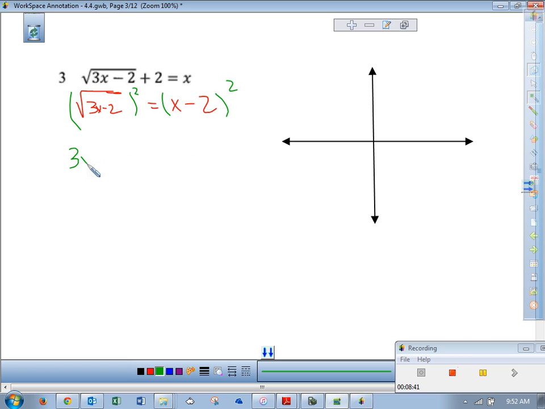And that would be 3x minus 2 equals, you got to square that binomial. Square the first guy, twice the product, square the last guy. And then that's a quadratic equation. So we will get him in standard form and see if we can factor him.